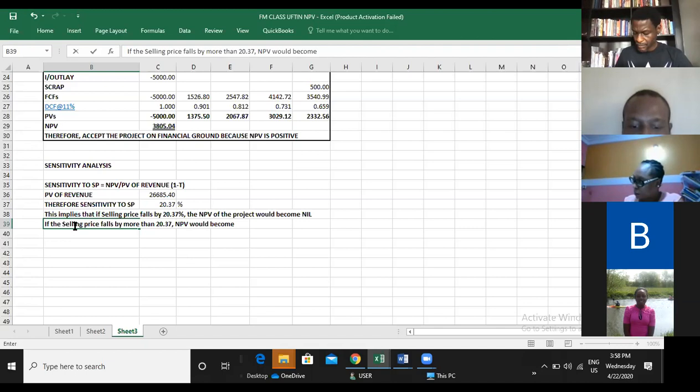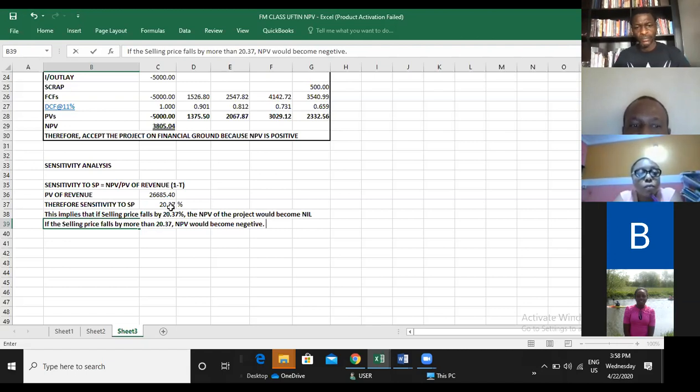So if we think about what this means in essence, our margin of error, if we go back to our F5, our margin of safety in terms of revenue or selling price is 20.37. So from where we are now, if selling price falls by 10%, all other factors being constant, our NPV will still be positive.